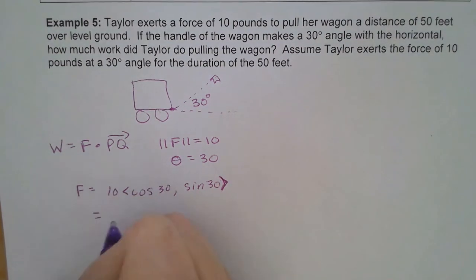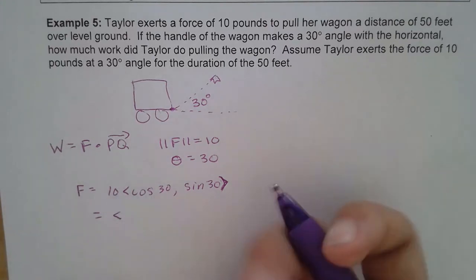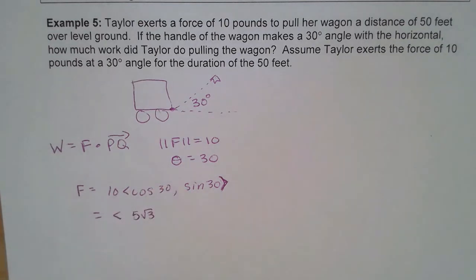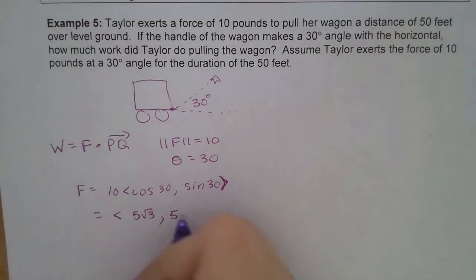So cosine of 30 is square root of 3 over 2, and square root of 3 over 2 times 10 is 5 square root of 3. Sine 30 is 1/2, and 1/2 times 10 is 5. So there is our vector f.